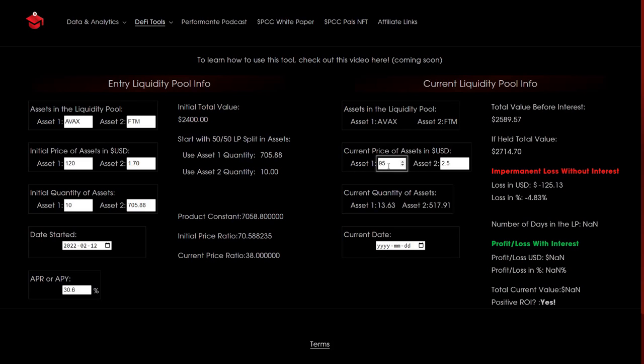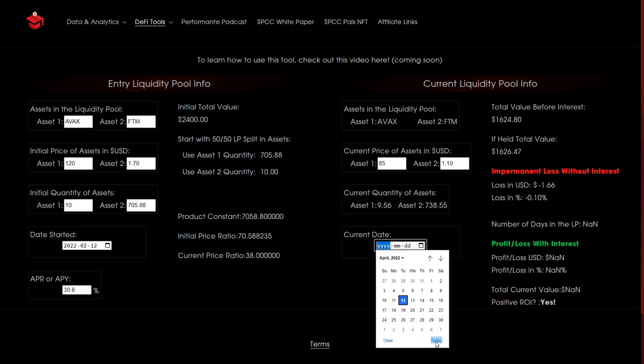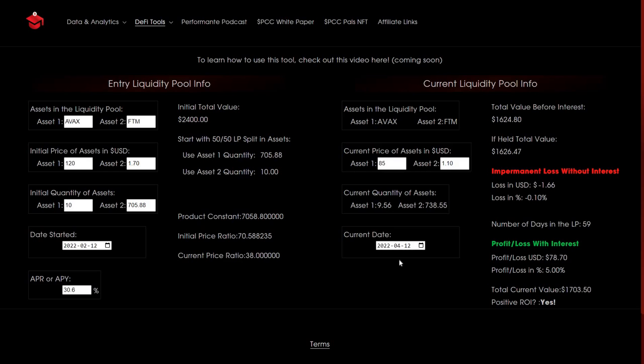Let's say AVAX dropped from $120 down to $85, and Phantom went from $1.70 to $1.10. And the current date is going to be the date that we want to use, and that is around 2 months in terms of the time frame we entered in to what we're calculating right now for impermanent loss.